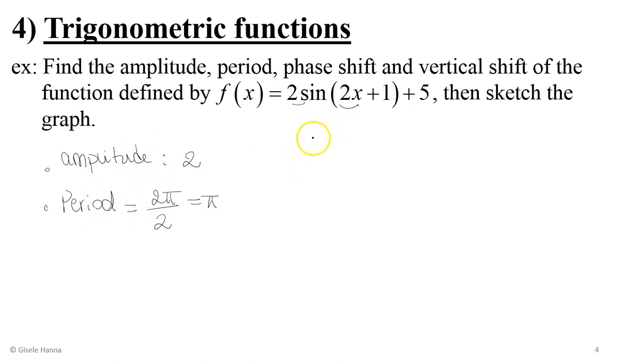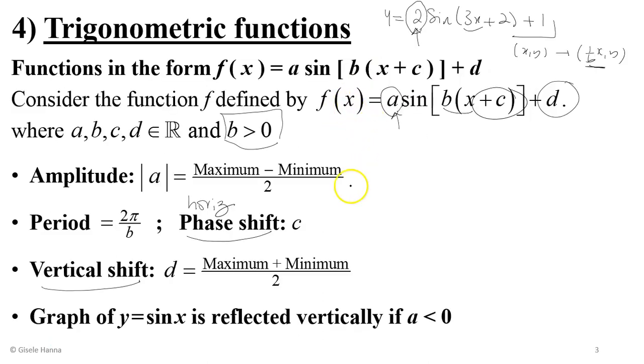Now regarding the phase shift, the phase shift here is not 1. In fact, to determine the phase shift, what you need to do is have the 2 factored out inside sine, because the phase shift is c when you have it in the form b into x plus c.